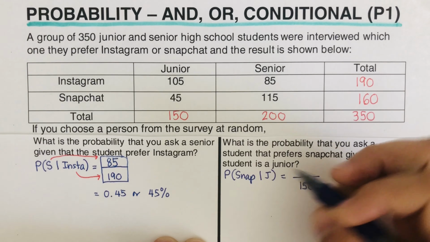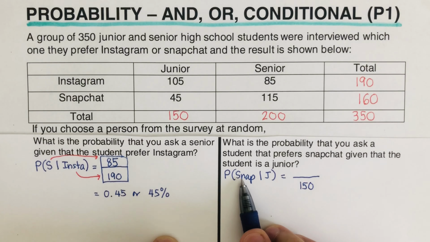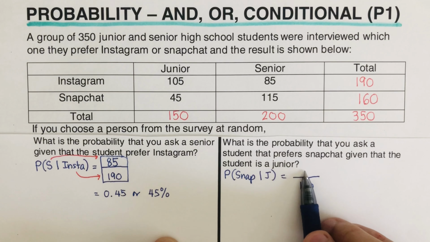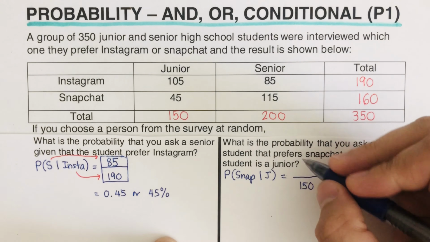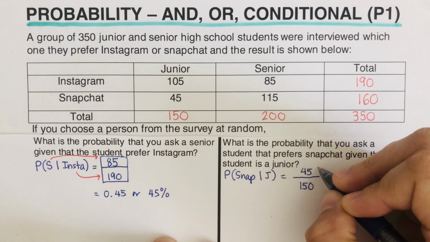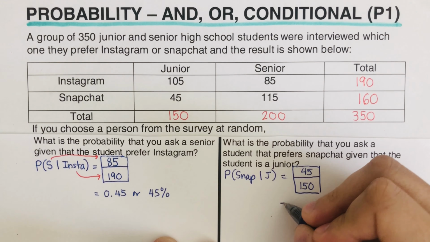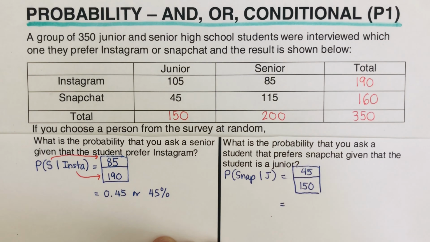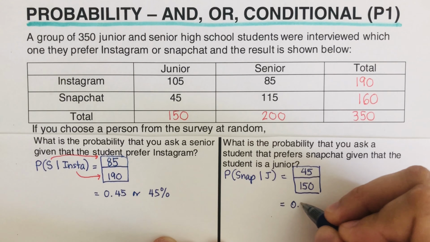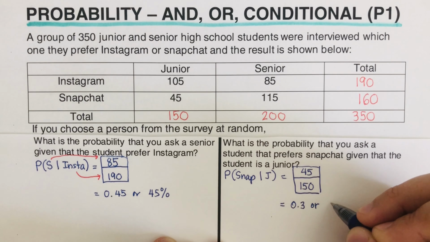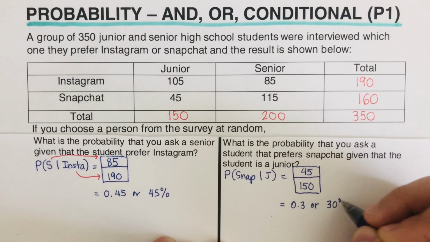And of these 150, how many of them prefer Snapchat? It's going to go to the top, and that is 45. This is our probability. Or we can change this to decimal. 45 divided by 150 is 0.3, or in percentage, this is 30%.